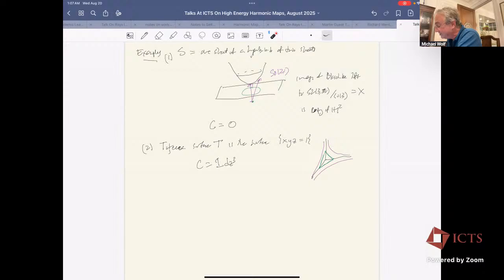Because near the zeros, we should be looking for something kind of hyperbolic-ish, something like this hyperboloid, something like hyperbolic space. And if we're looking away from the zeros, we should be looking for something kind of like Titeka, because that's with a cubic differential there would be 1 dz cubed.